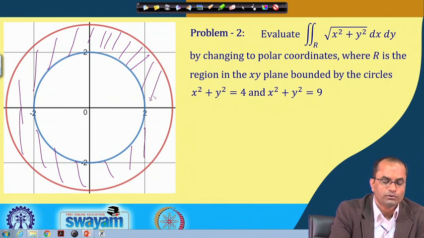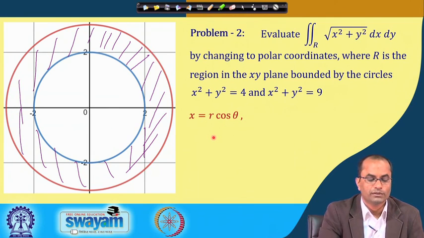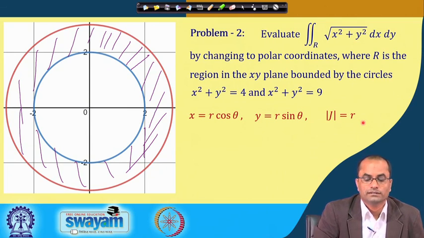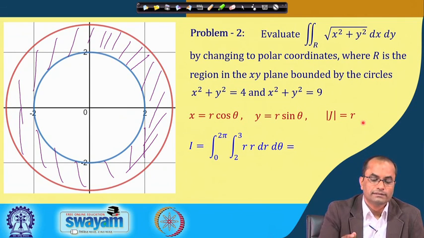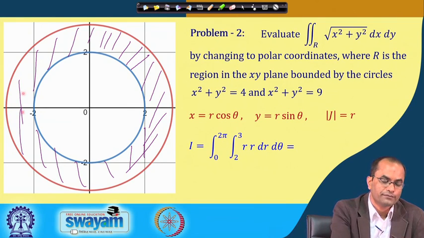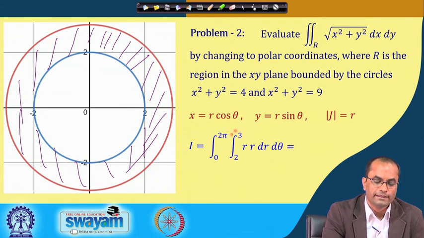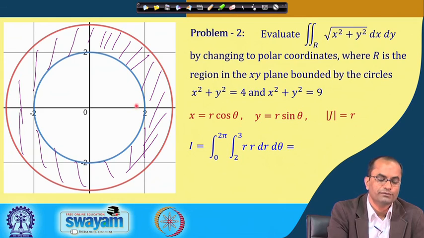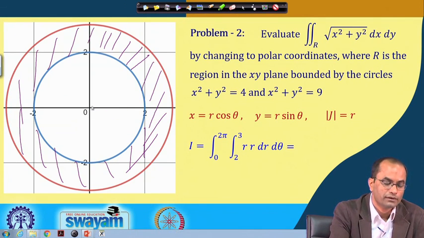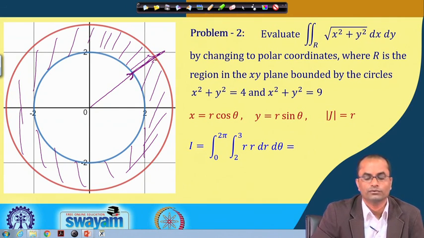By changing to polar coordinates, it is much simpler now to get the limits: putting x equal to r cos theta and y equal to r sin theta, the integrand will be r, and theta goes from 0 to 2 pi, the whole circle, and r goes from 2 to 3. So, r is always entering the domain when r is equal to 2 and leaving the domain when r is equal to 3.